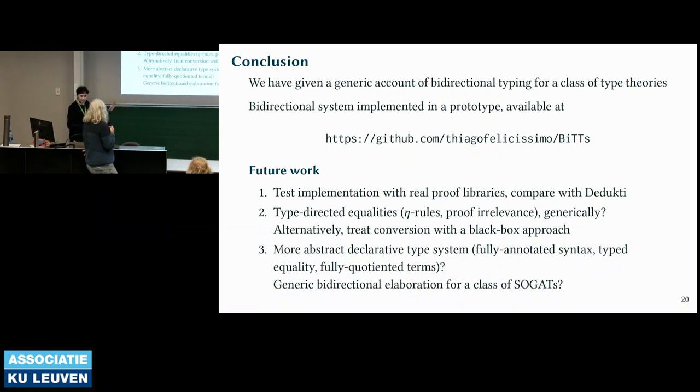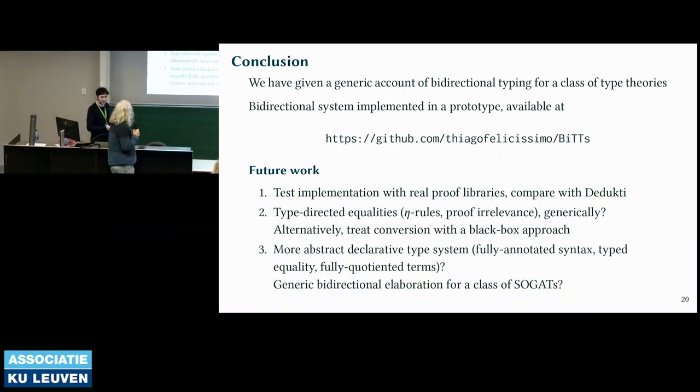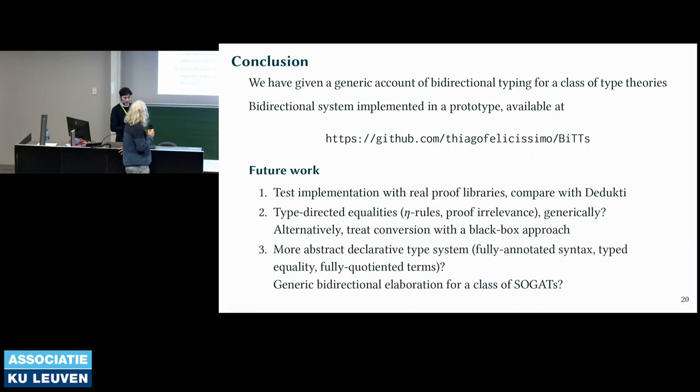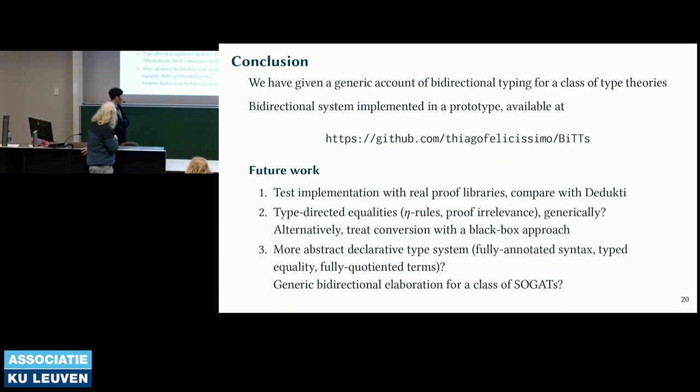So doing this is the question that I was asking more. But in principle, if I have a SOGAT I'm interested in, you would be able to do this. Well, not of all SOGATs, of course, but the idea would be to say which class of SOGATs we could handle. Yeah, no, but potentially. Okay. Thank you.